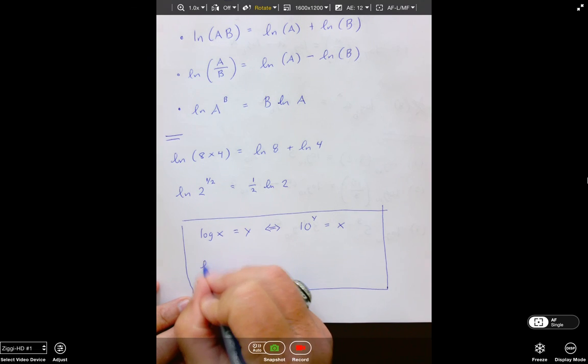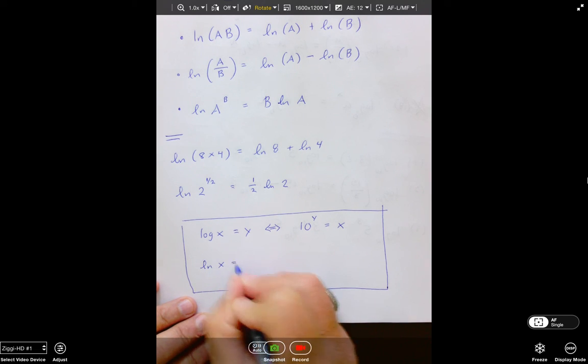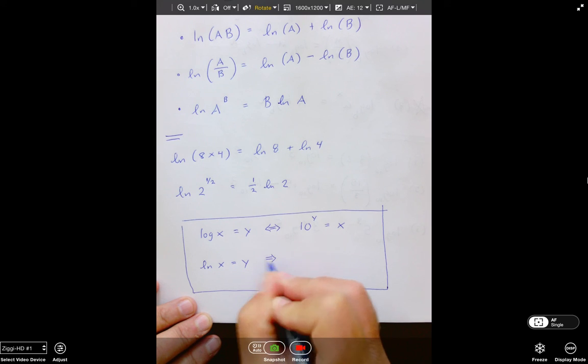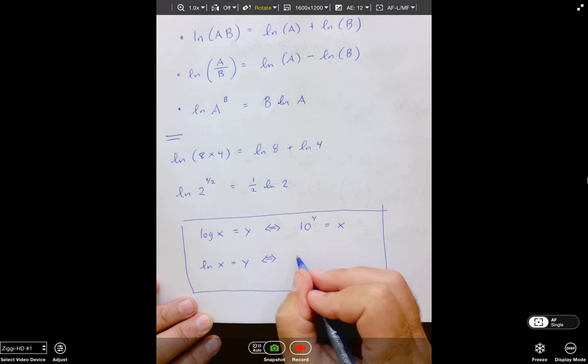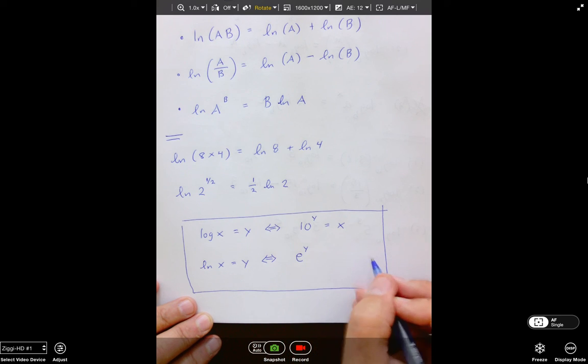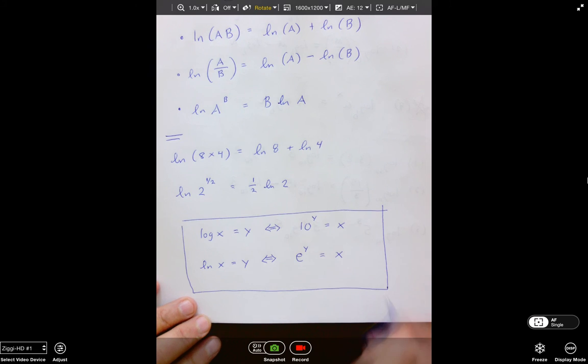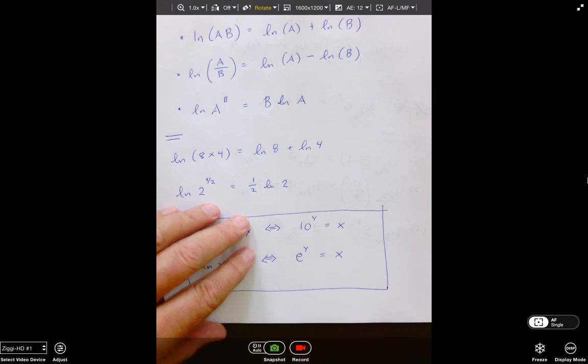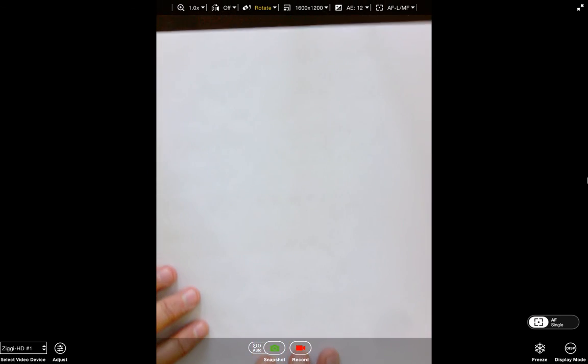The natural log of x equal y is equivalent to what? Base e raised to the answer equals x.